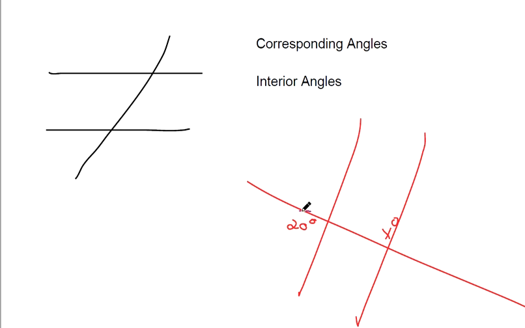So this angle is in the bottom left of this intersection. Looking at where these two lines cross, this is bottom left. Looking at where these two lines cross, this is bottom left. So these are corresponding, right? That means we can plug in 20 degrees right here because of what we talked about with corresponding angles. So we use corresponding angles to get some idea of what sort of angles are over on this side.